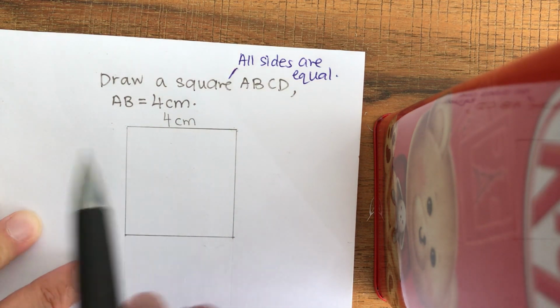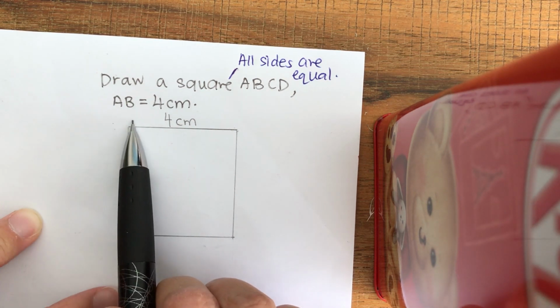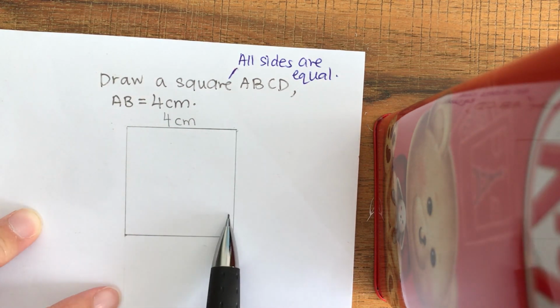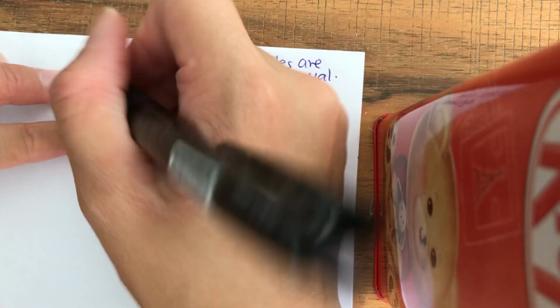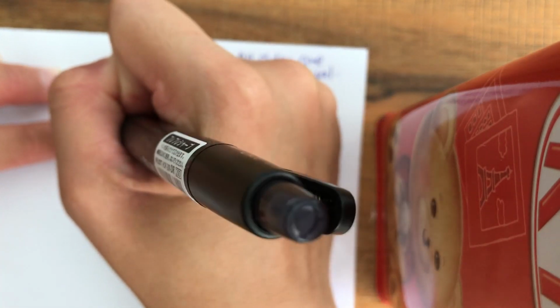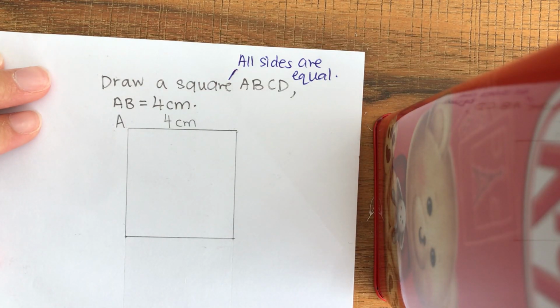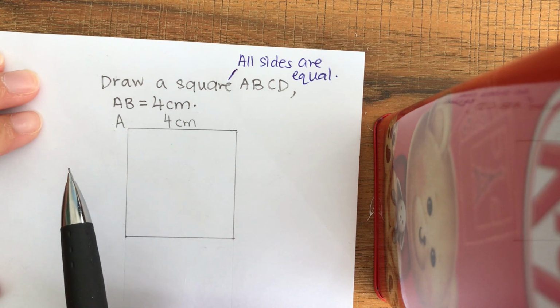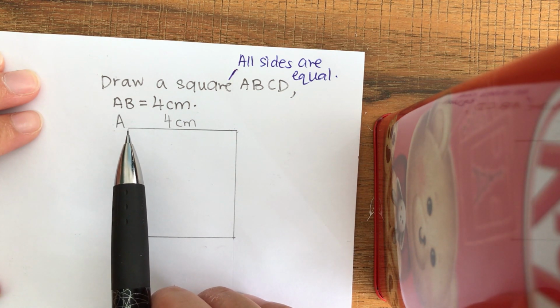I can put A at any point. I can put A here, here, or here. So now, if I am going to put A here, where can my B be? Now, how do you actually label a square or rectangle?